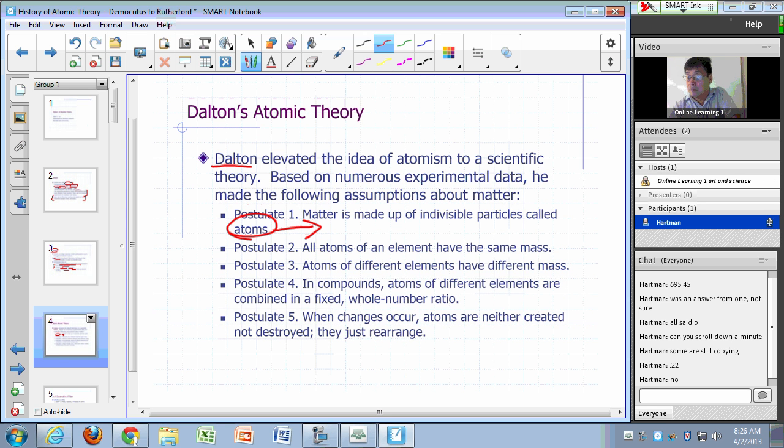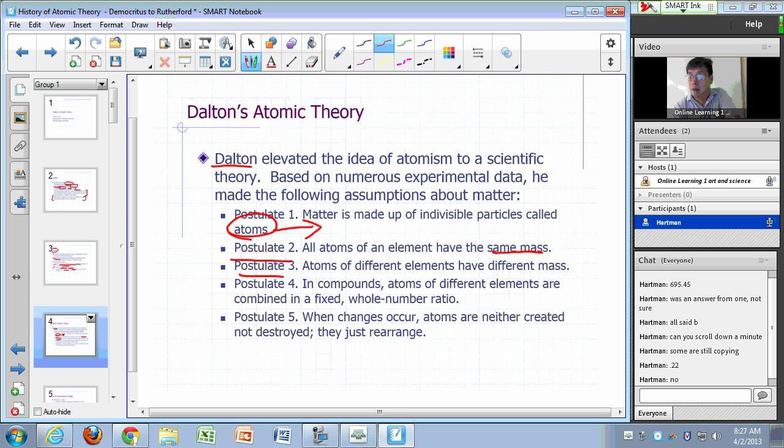Postulate number 2, all atoms of the same element have the same mass, is no longer true. We've learned about isotopes, so they can have different masses. They just have to have the same number of protons. Postulate number 3 is the same thing: isotopes of different elements can have essentially the same mass.